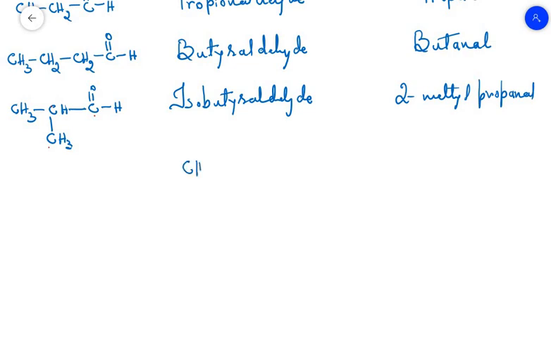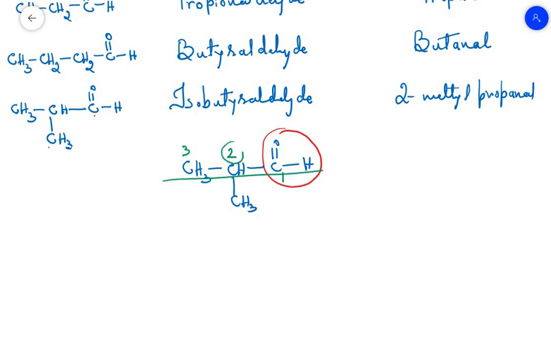If I write it here for our understanding, numbering is always done in such a way that the functional group gets the highest priority. So this is the functional group, let me write it as carbon 1, this becomes the second carbon, and this becomes the third carbon. This is the longest chain, but at the second position we have a substituent called methyl. So the name of this compound becomes 2-methylpropanal.